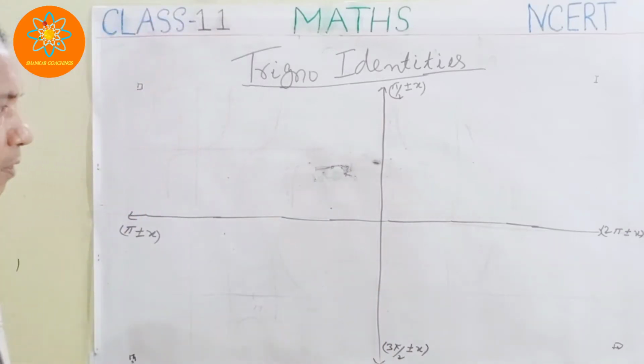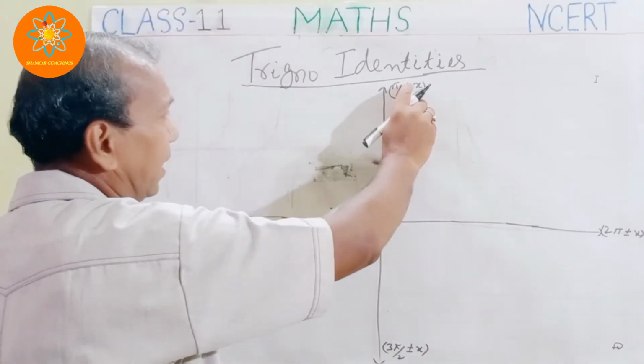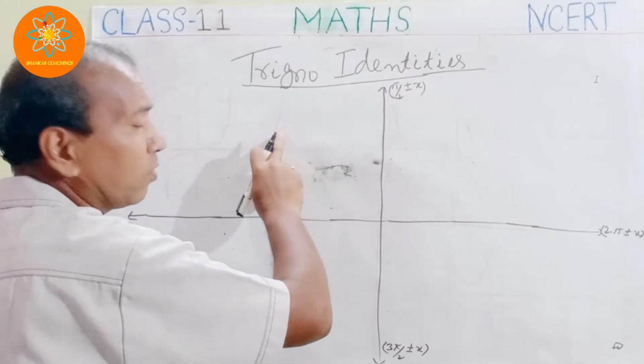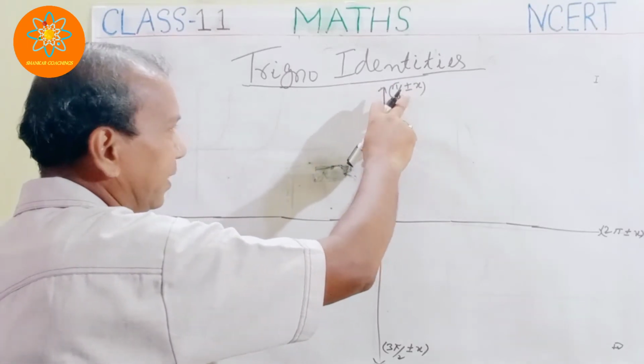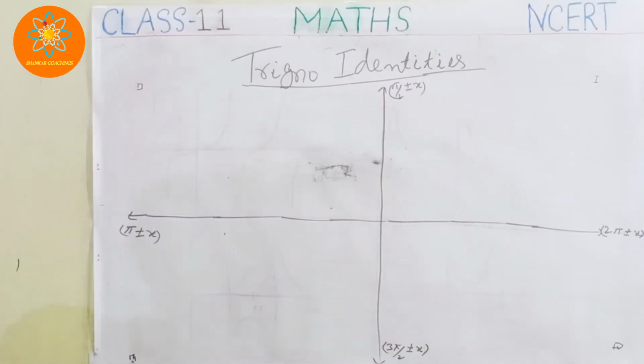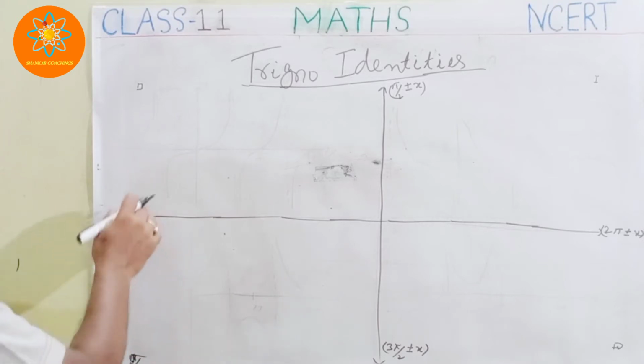It means, if I am taking this plus sign, it will be in the second coordinate. If I am taking the minus sign, it will be in the first coordinate. Likewise here also, if I am taking plus, it will be in the third coordinate, and if I am taking the minus, it is the second.